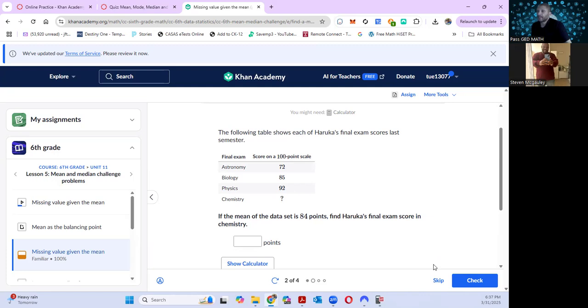The following table shows each of our final exam scores last semester. Anatomy 72, biology 85, and physics 92, chemistry.